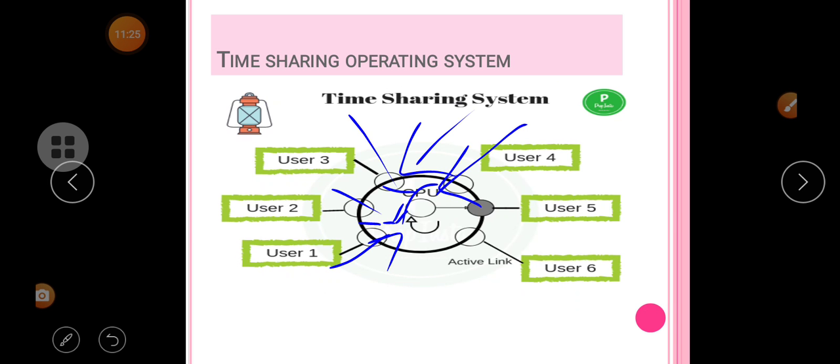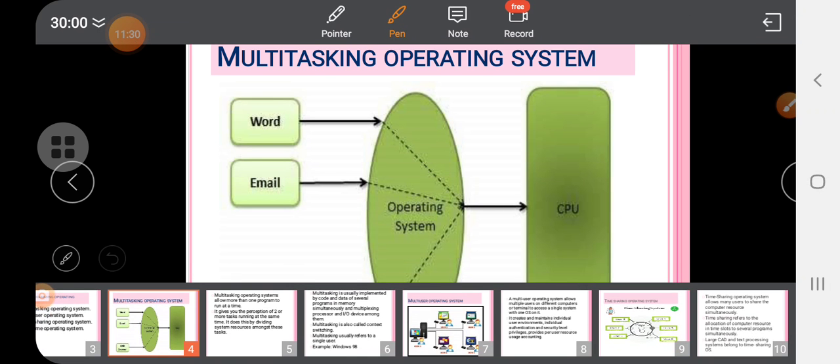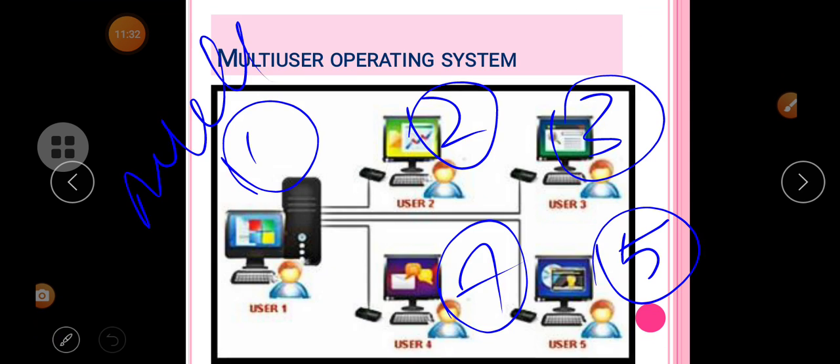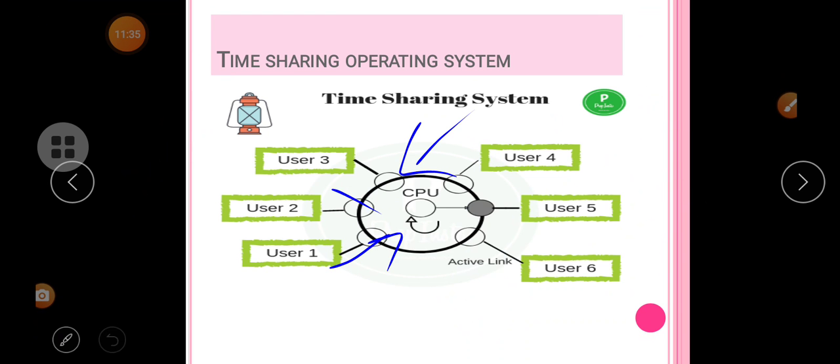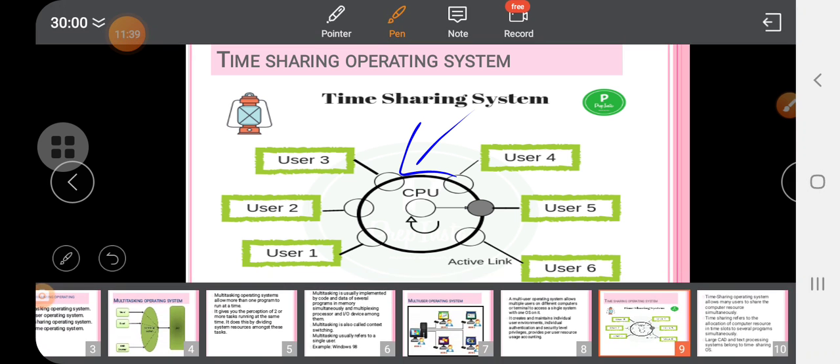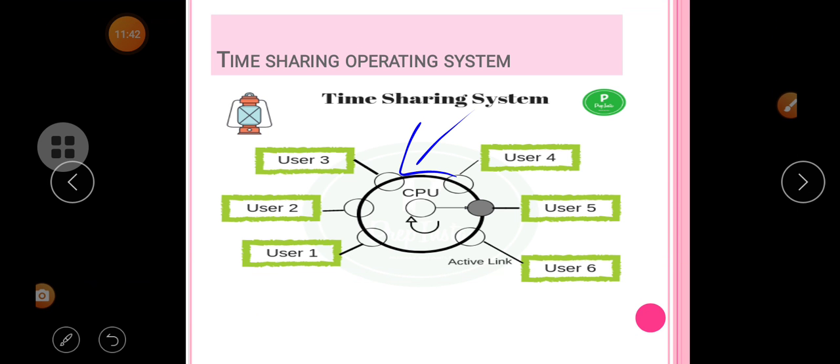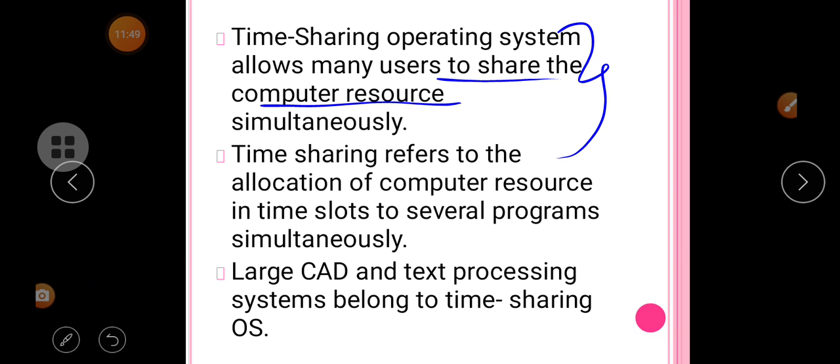See, what are the computer resources here? Memory, is it right? Here the computer resource is this CPU. This CPU is allocated to all the users simultaneously. So this means time sharing operating system. Time sharing refers to the allocation of computer resources in time slots to several programs simultaneously.